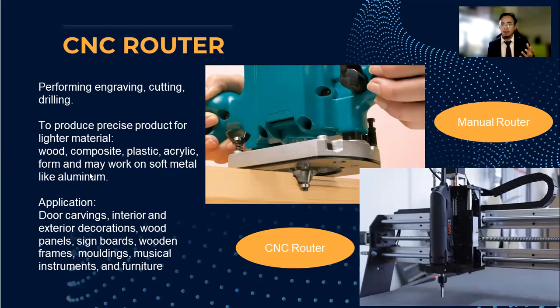For titanium and other hard metals, we cannot use the CNC router. We need to use CNC milling. But CNC milling is not in this study, so we go to the next machine.